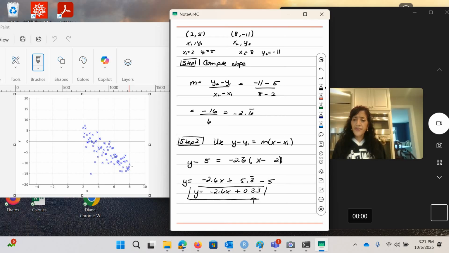So let's see if that makes sense. I don't think that makes sense. Let me see. If I stretch the line, it looks like my y-intercept should be much higher. So let's backtrack and see if I made an error.